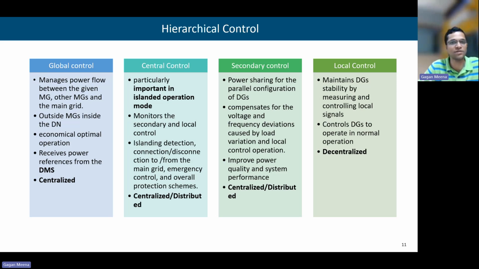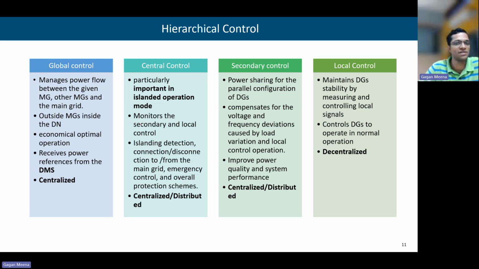Then the central control is important in islanded operation mode. This determines the mode of operation; islanding detection, connection and disconnection to and from the main grid, emergency control and the overall protection scheme are part of this central control. So this is the microgrid central controller, MGCC. And this MGCC interacts with the DNO through the global control.